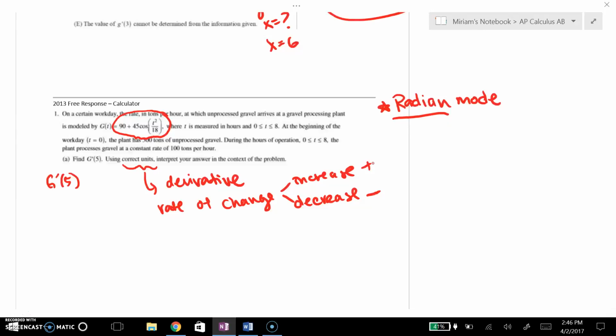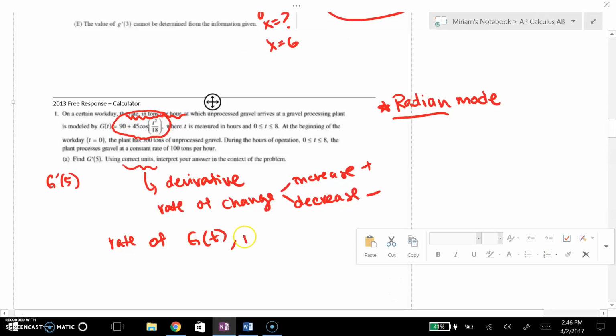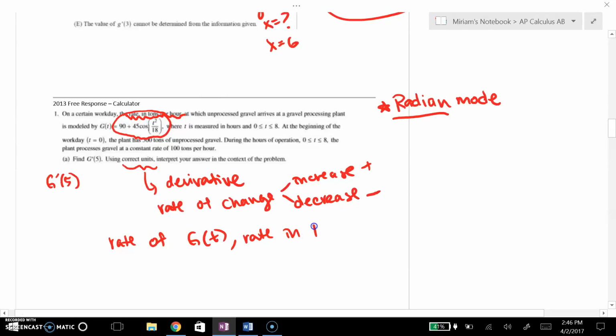Okay. So once you get the value, you're going to say this value is the rate of g of t, which is the rate in tons per hour at which unprocessed gravel arrives.